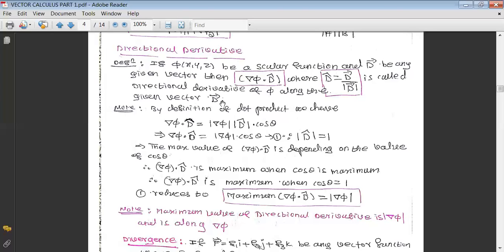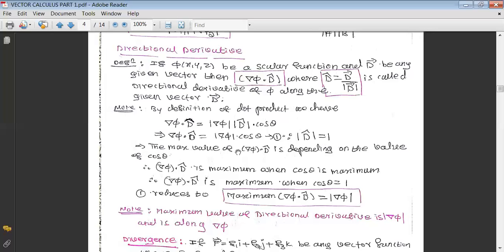From the basic definition of the dot product, ∇φ · d cap is given by |∇φ| |d cap| cos θ. This equals |∇φ| cos θ, because d cap is a unit vector and the magnitude of a unit vector is always 1.